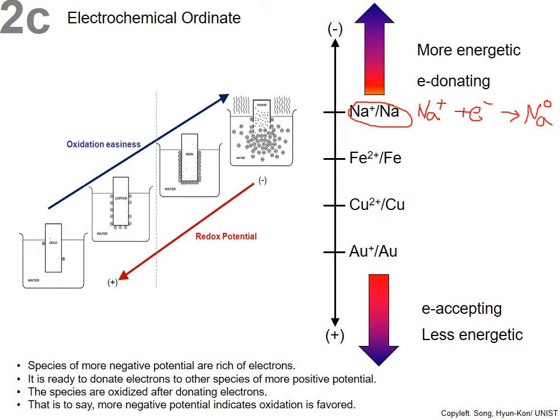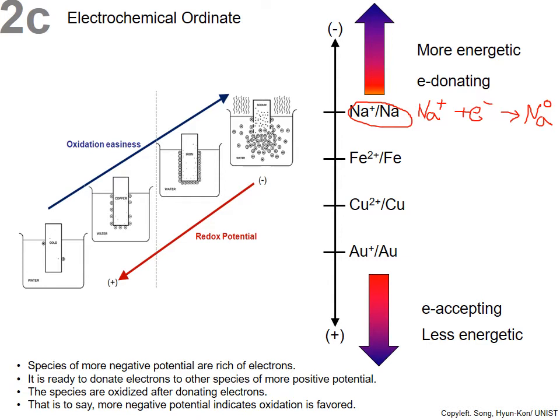So the pair indicates the electrochemical reaction related to those pairs. So again, reduction potential is defined on a pair of electrochemical species like sodium plus and sodium, or the related reduction process like sodium plus getting an electron into sodium 0.